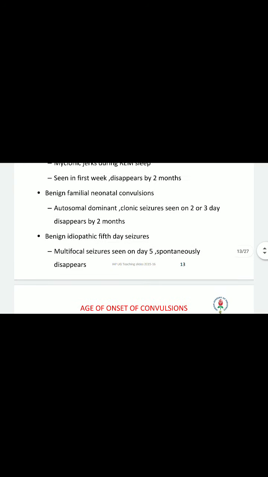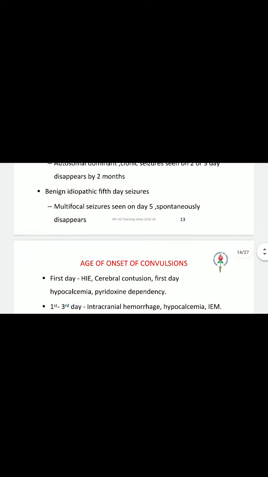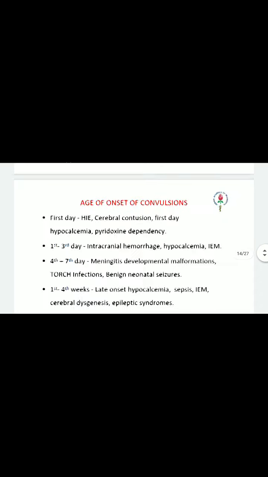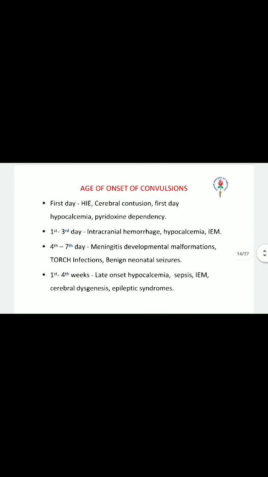There is another benign seizure called benign idiopathic fifth day seizure, as it occurs approximately on the fifth day, and it is a multifocal seizure, disappears spontaneously over a period of time. And we can also make out the cause of convulsion depending upon the age of onset of the seizure.